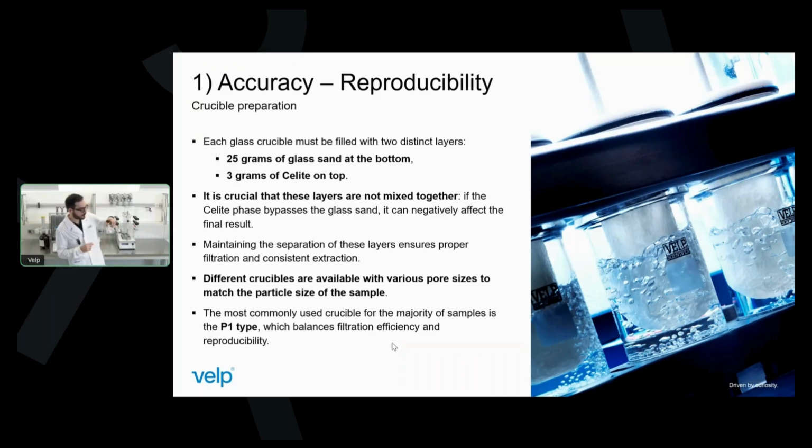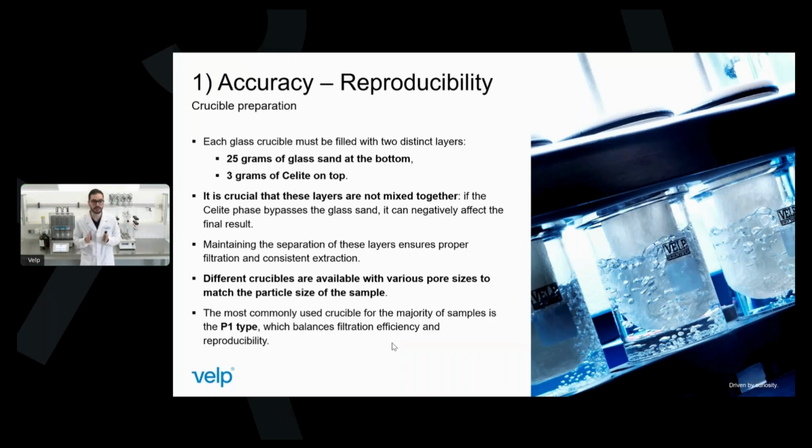We have the glass layer on the bottom of the crucible, and then the celite layer. It's really important to avoid mixing these two layers, because both the celite and the sand help the further filtration that we will perform on the HU unit.